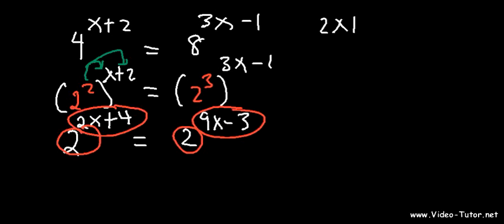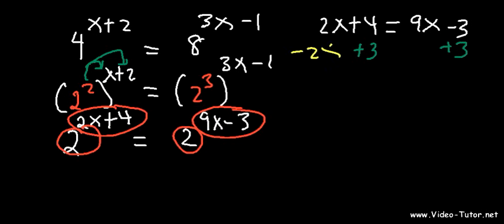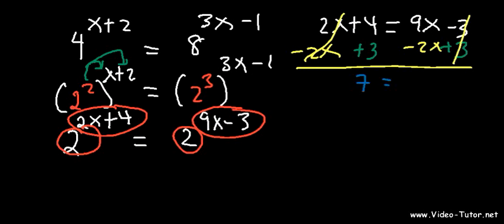So 2x plus 4 is now equal to 9x minus 3. So let's add 3 to both sides. And at the same time, let's subtract both sides by 2x. So this cancels and that cancels. 3 plus 4 is 7. 9x minus 2x is 7x. If we divide both sides by 7, 1 is equal to x.